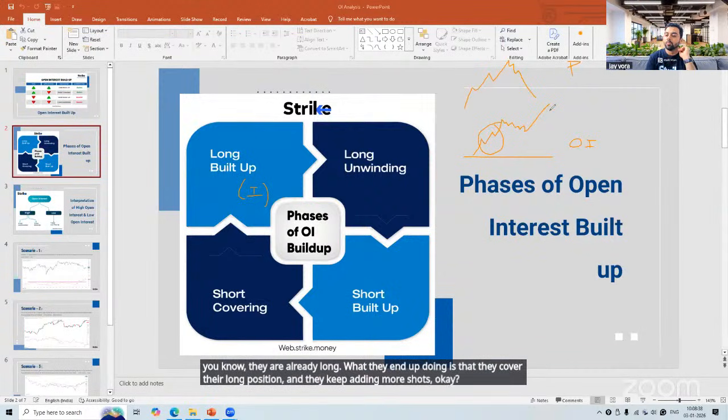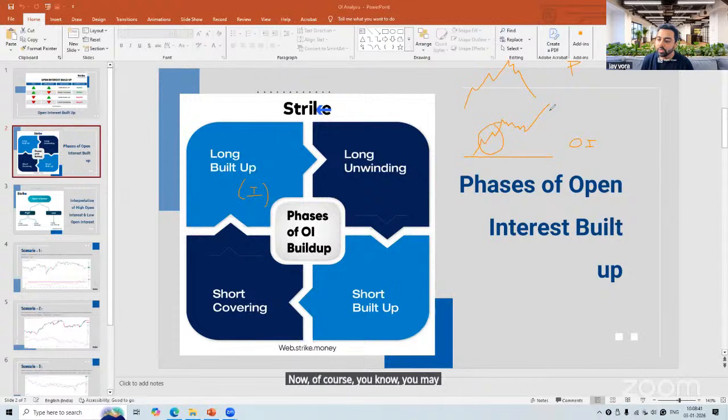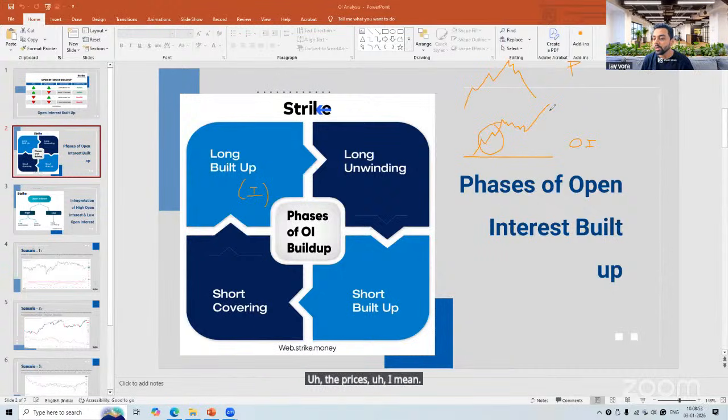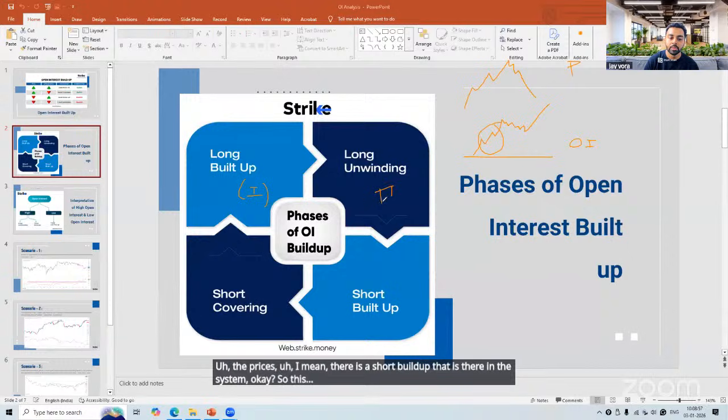Okay. Now, of course, you may say that for every long there is a short, but we always look at it in price conjunction. Okay, because prices are going down and open interest is rising higher, so we assume that there is a short buildup in the system. Okay, so this short buildup is nothing but the third phase.